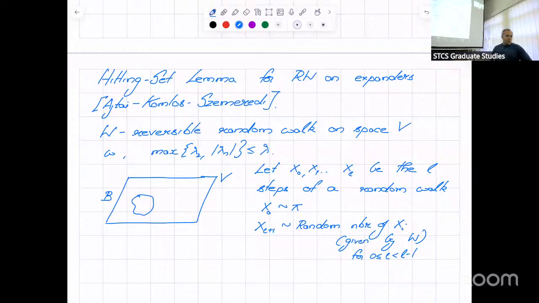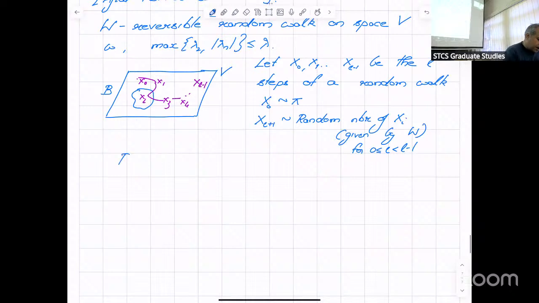So that's a random walk. I pick x0, I pick a neighbor x1, I pick another neighbor x2, x3, x4, and so on up to xL minus 1. So that is exactly L steps.